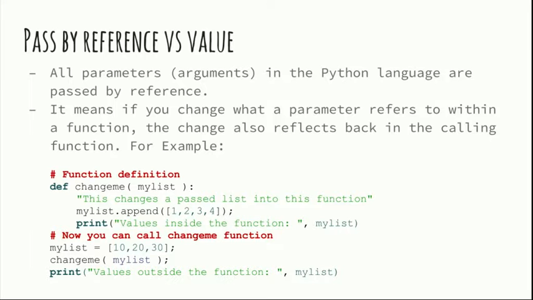For example, function definition def change_me(my_list): this changes a passed list into the function. my_list.append([1, 2, 3, 4]), print the value inside the function, my_list. Now you can call the change_me function: my_list = [10, 20, 30], change_me(my_list). Now print the value outside the function, my_list.